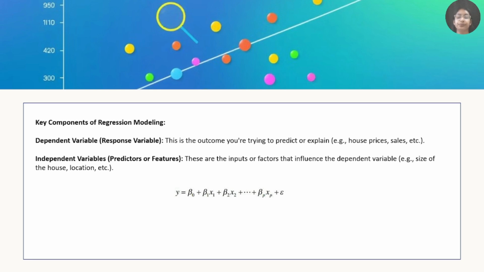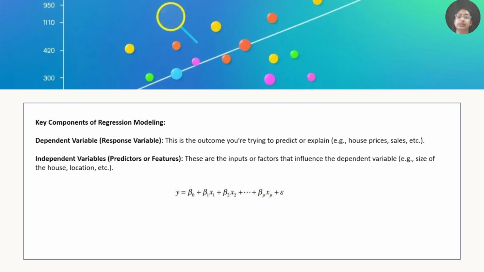Y here is the dependent variable because it depends on the values of the predictors, where beta 0 is the intercept, which is the value of y if all the predictors x1, x2 and so on are 0. E is the error, beta 1, beta 2 up to beta p are the coefficients, and x1 to xp are the predictors, which are the independent variables.